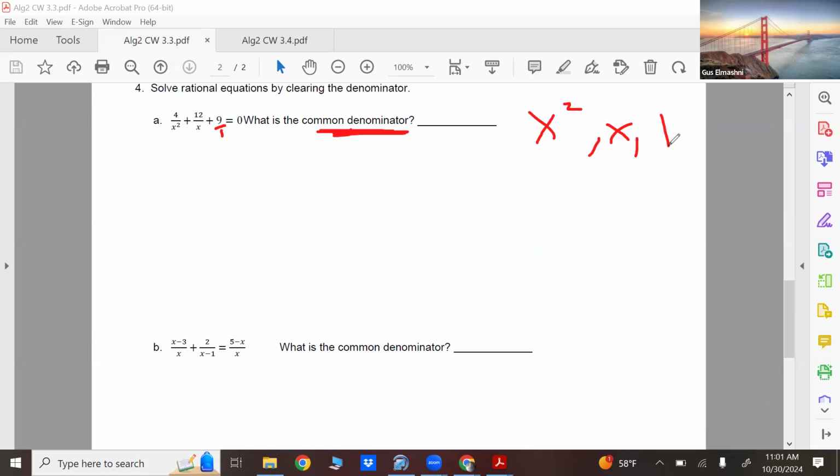So if you think about it, is x a factor of x squared? Yeah. Is 1 a factor of x squared? Yeah. 1's a factor of anything. So you can make your common denominator x squared. Because guess what? If I multiply each fraction by that, it's going to come out really nice and clean.